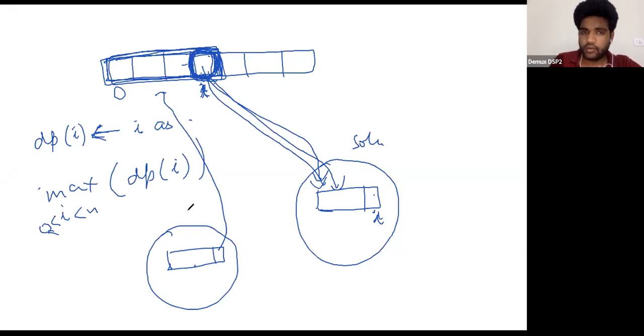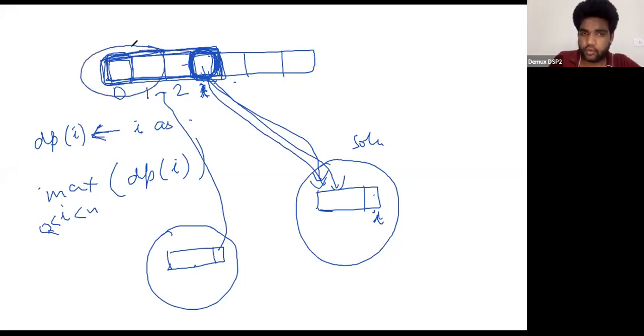Right? So what I will do is I will do this for all the i's. I will do it for 0, I will do it for 1, I will do it for 2, I will do it for 3. For 0, I will compute the largest sum subarray ending at 0. For 1, I will compute the largest sum subarray ending at 1.